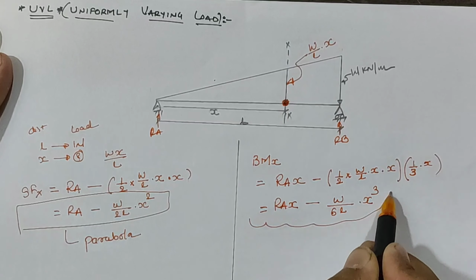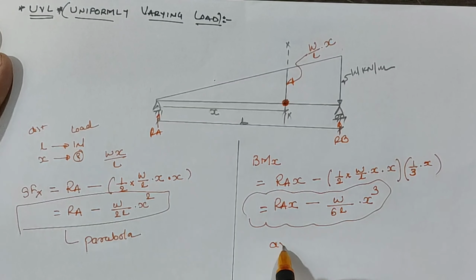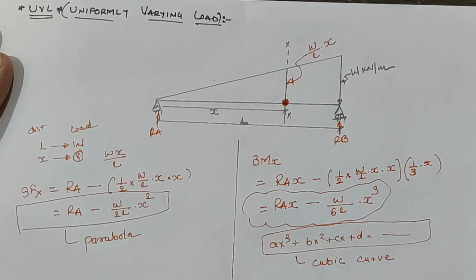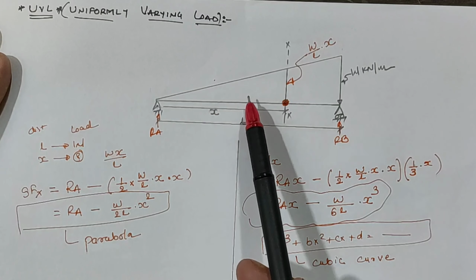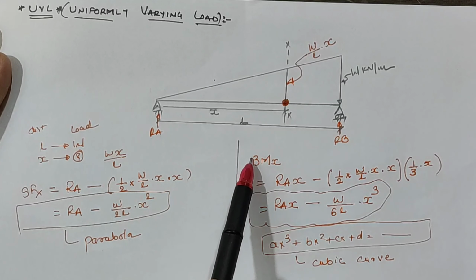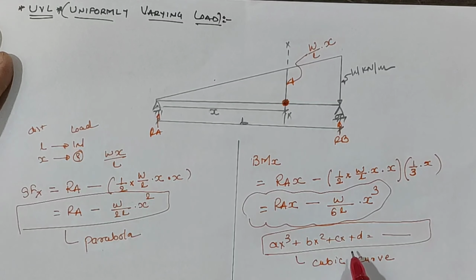Now this equation is similar to ax cube plus bx square plus cx plus d is equal to constant, which is the equation of a cubic curve. Hence from this derivation one can say that for uniformly varying load, the shear force diagram is a parabolic curve while the bending moment diagram is a cubic curve.